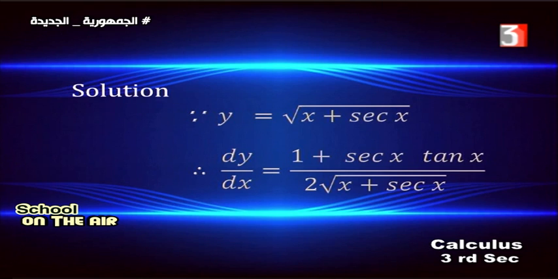The derivative of x equals 1, plus the derivative of sec x, which equals sec x tan x, all over 2 multiply square root of x plus sec x. Then the derivative of square root of x plus sec x equals 1 plus sec x tan x over 2 multiply square root of x plus sec x.